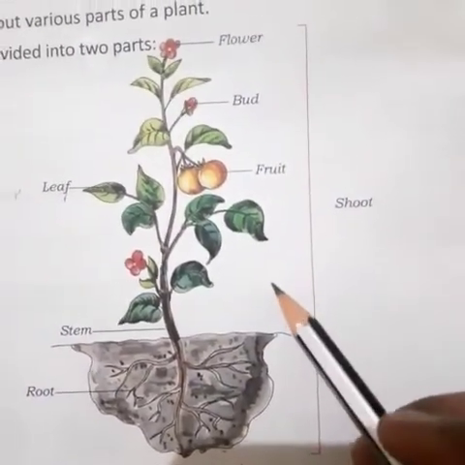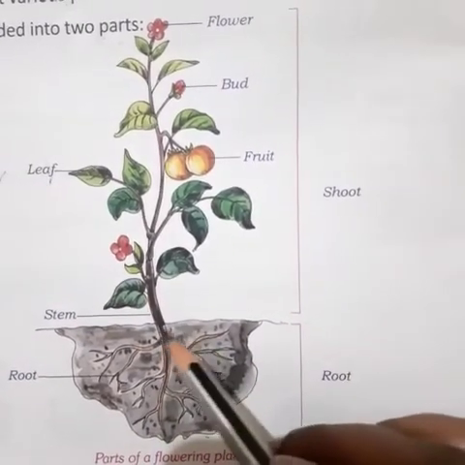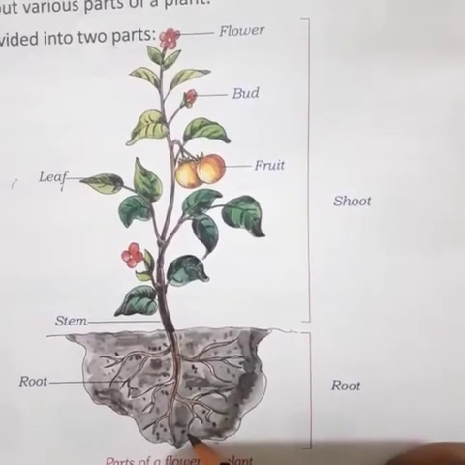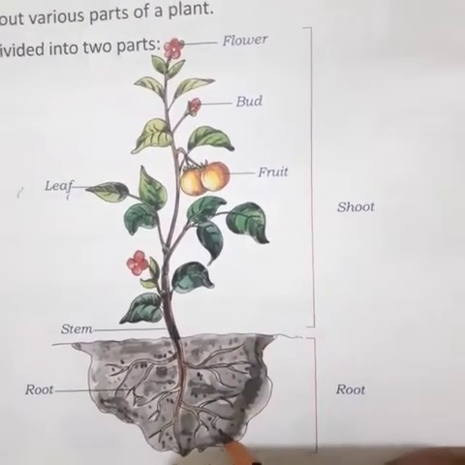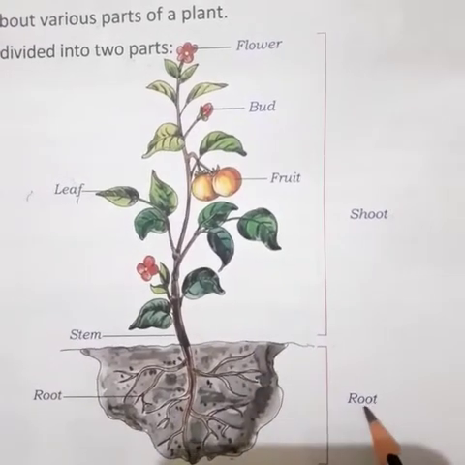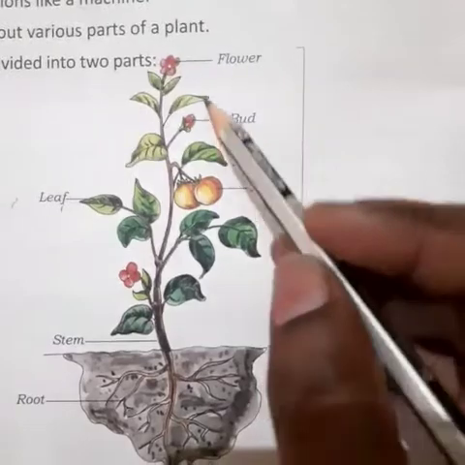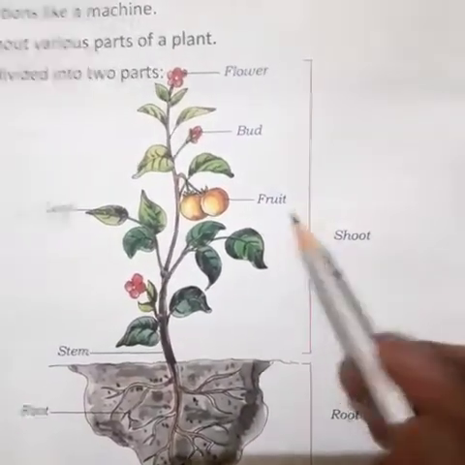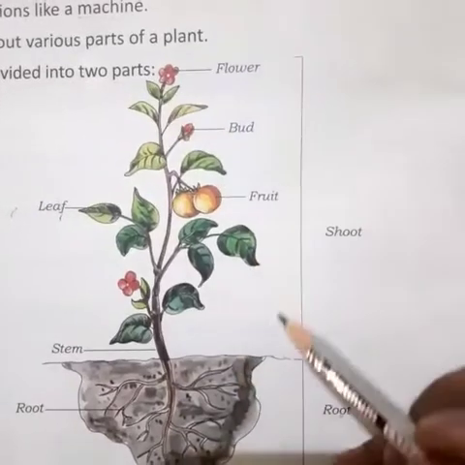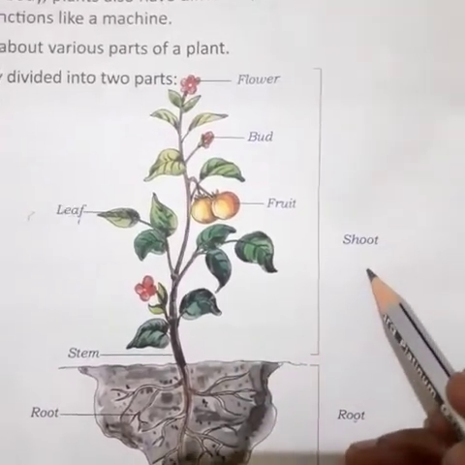The part that grows below the soil, below means नीचे, underground, is called root. The part that grows above, above means ऊपर, the soil is called shoot.